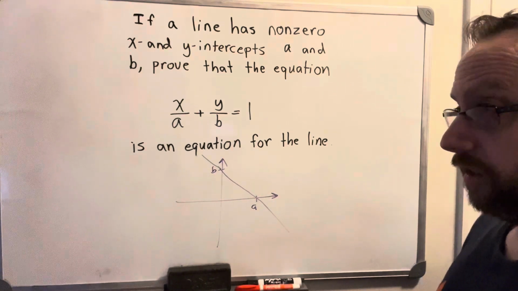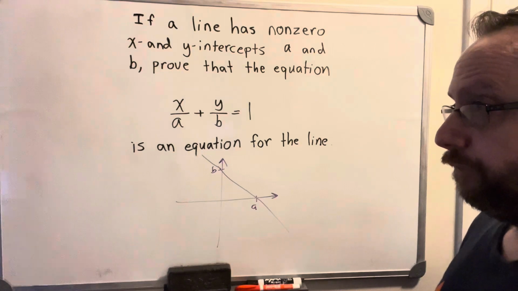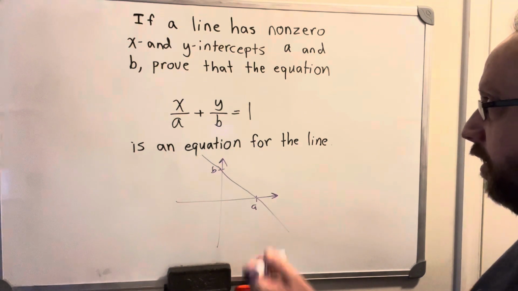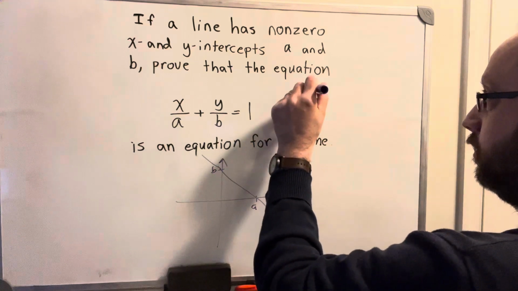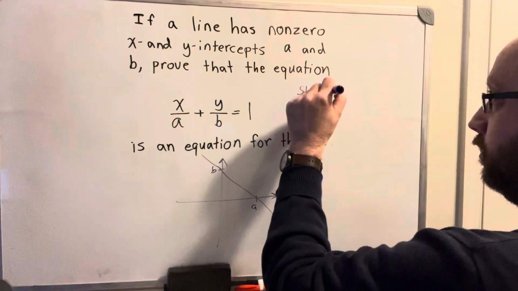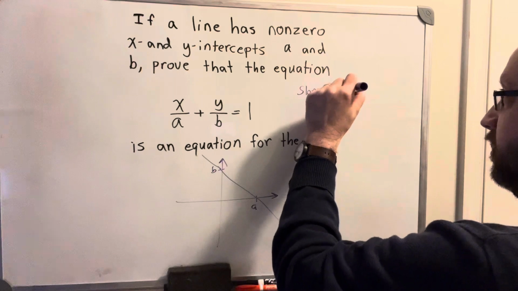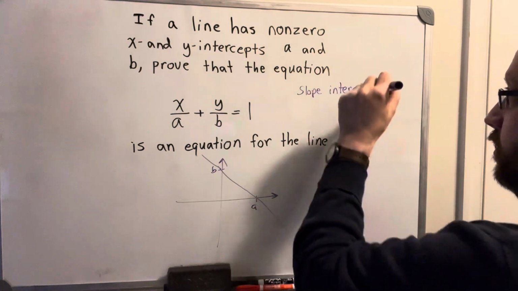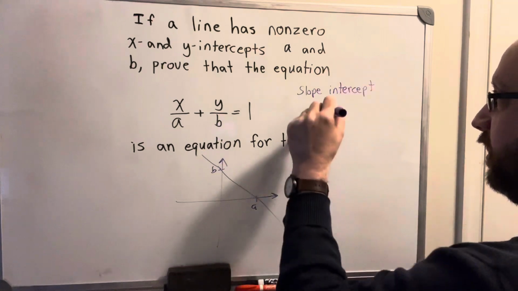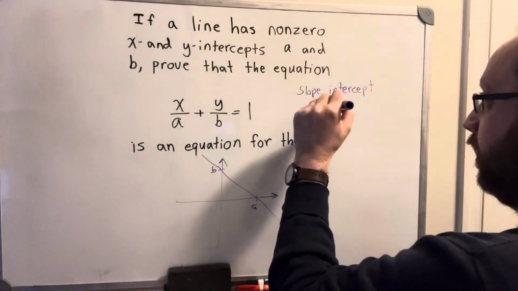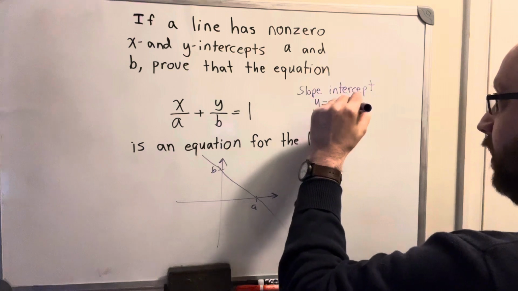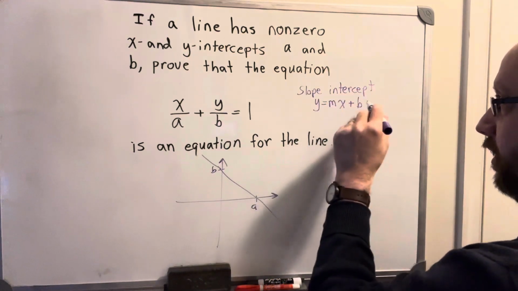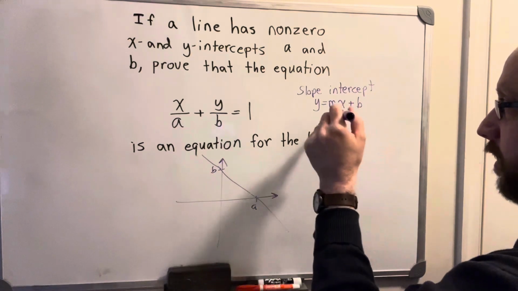Ask yourself, what forms do you know for equations of a line? One of them is called the slope intercept, and that looks like y equals mx plus b, where m is slope and b is y-intercept.